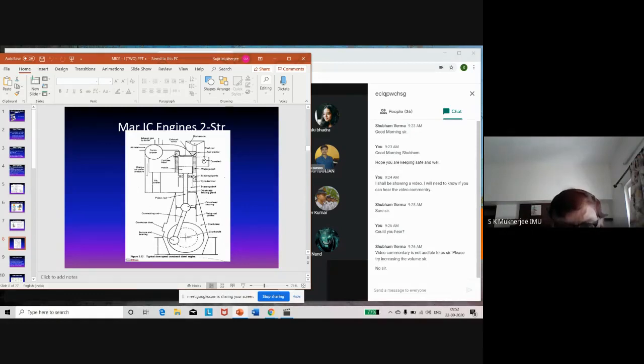Normally, cylinder oil is more likely to come into the crankcase because excess cylinder oil that is drained out falls into this space. And if the sealing is not satisfactory, it may come into the crankcase and contaminate the oil in the crankcase. Remember, for satisfactory lubrication, the most important property of the lube oil is the viscosity.